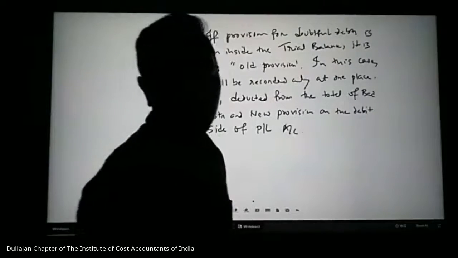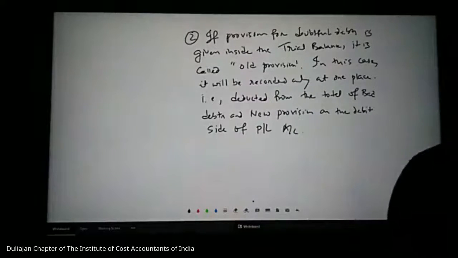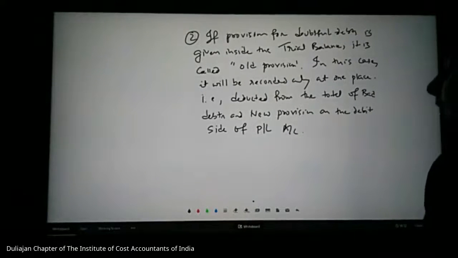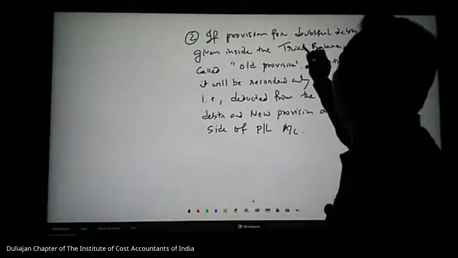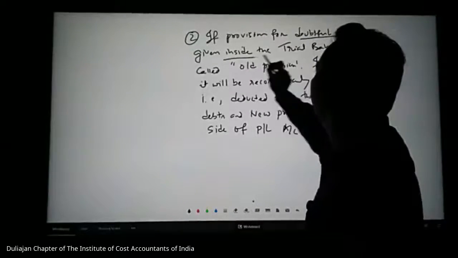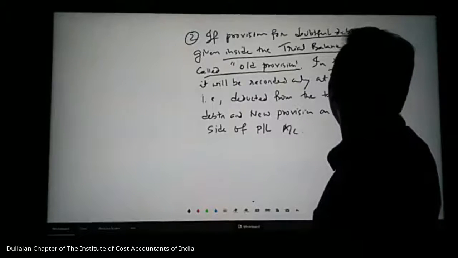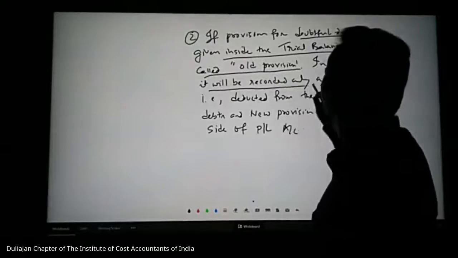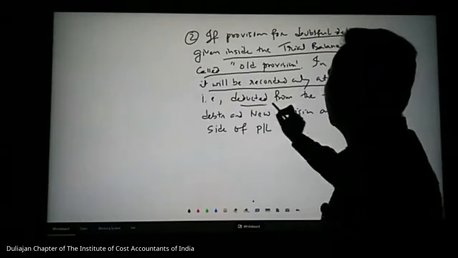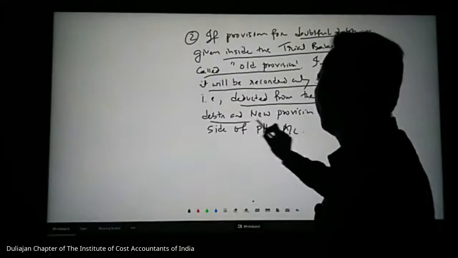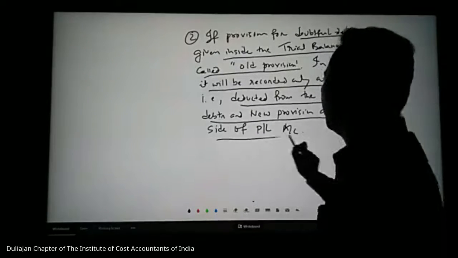These are the 2 points. If the provision for doubtful debt is given inside the trial balance, it is called old provision. In this case, it will be recorded only at one place, that is deducted from the total of bad debt and new provision on the debit side of the PL account.